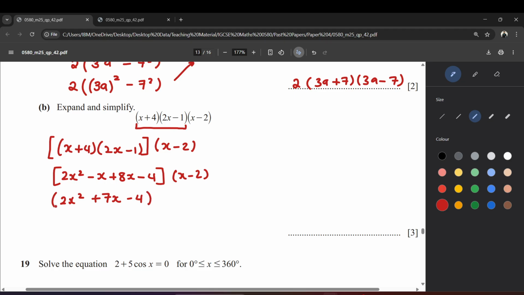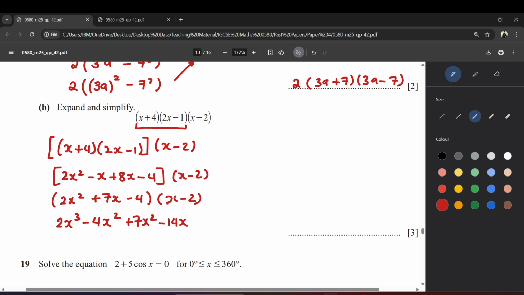Now you can multiply x minus 2 with this. So 2x squared multiplied by x is 2x cubed. 2x squared multiplied by minus 2 is minus 4x squared. Now 7x times x is 7x squared. 7x times minus 2 is minus 14x.